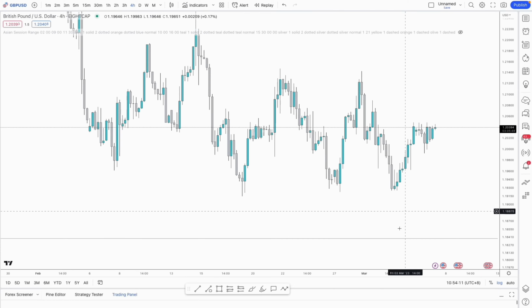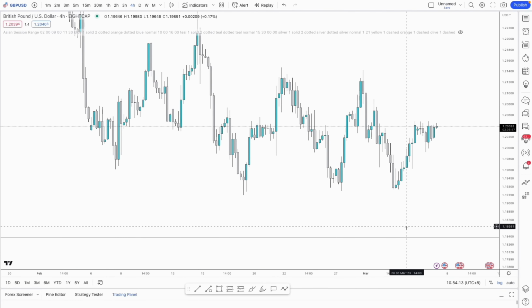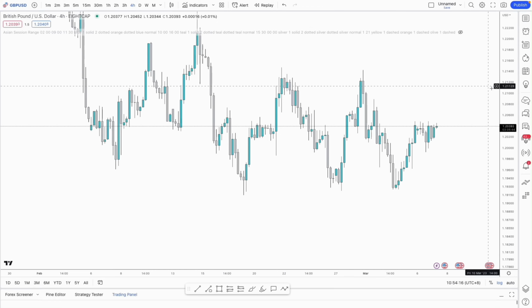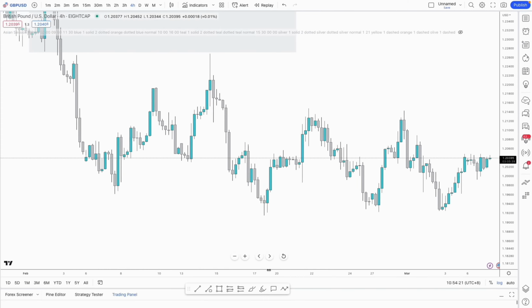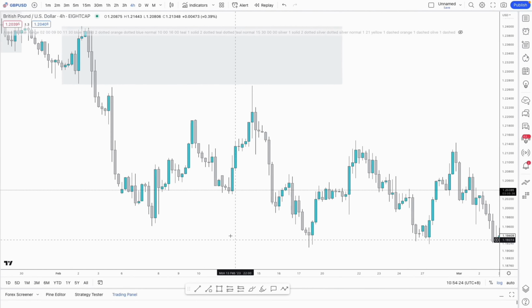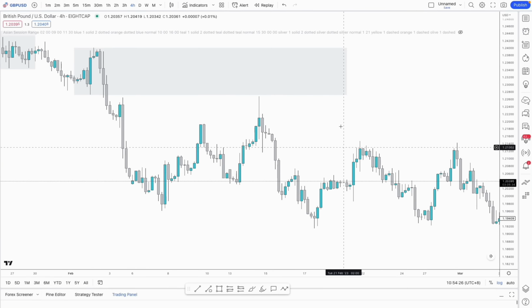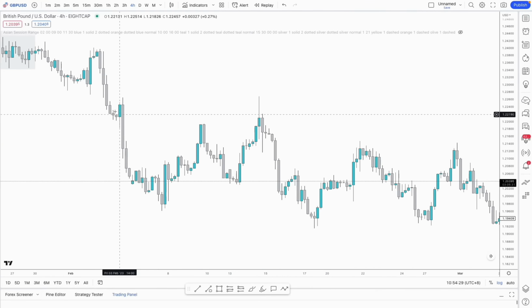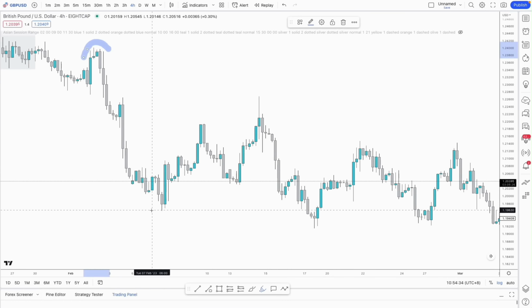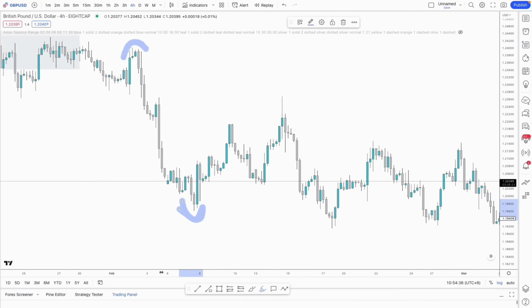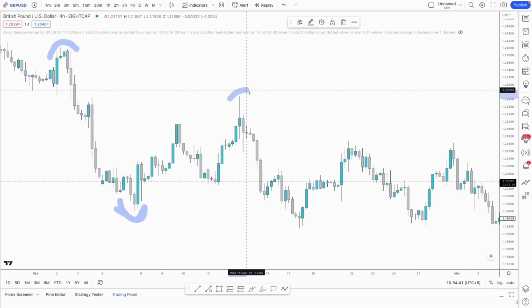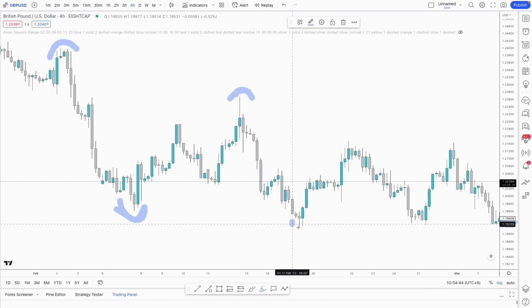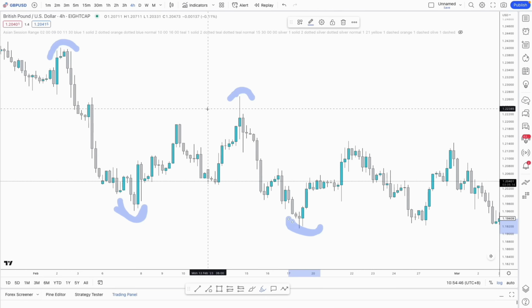So the first thing that you'll really notice is that right now the 4-hour time frame is in a range. So let's go back to when it actually gave us some structure. As we can pretty clearly see right here on the left, we have bearish structure, which is a lower high and a lower low externally.